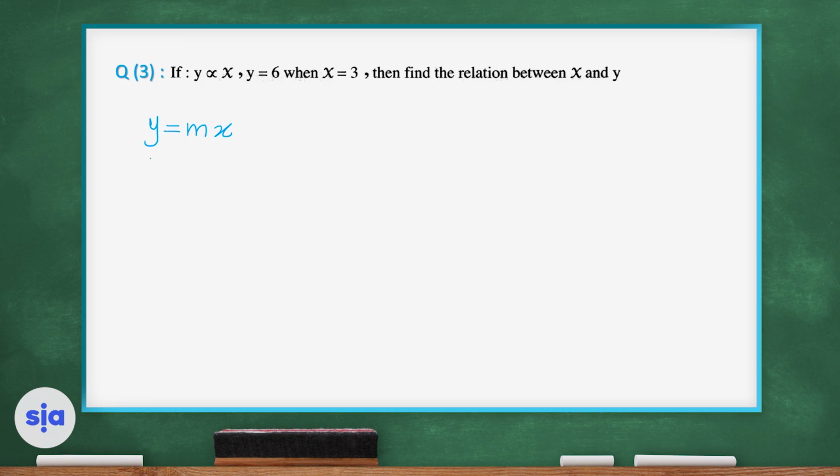Now, I will use the value of Y and the value of X to find the constant of variation m. So here m equals 2. The question now wants us to find the relation between X and Y. So the relation Y equals mx, but now I know that m is equal to 2.